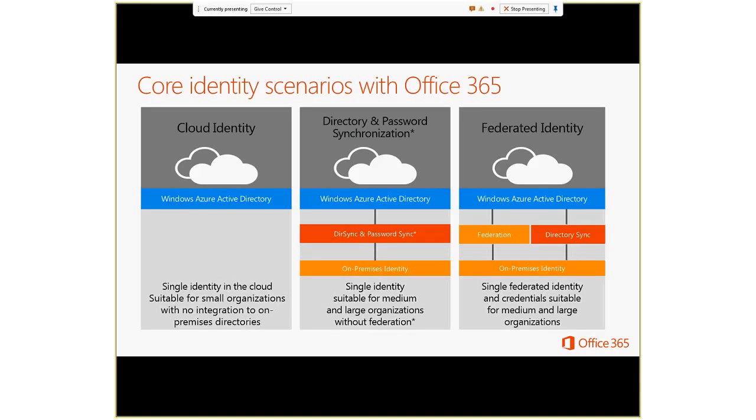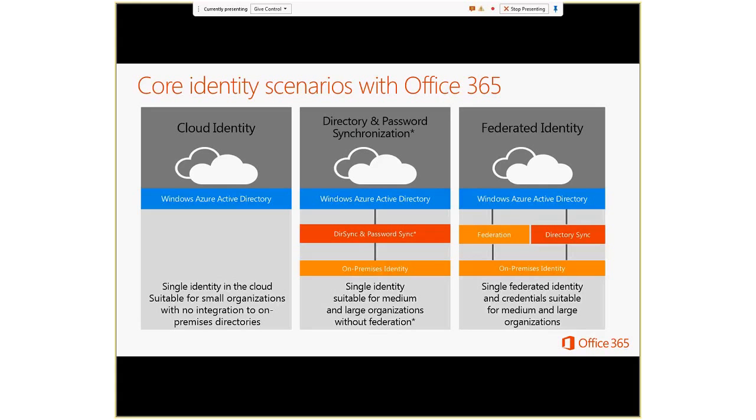We can have DirSync to synchronize the on-premises users, and DirSync has an option to synchronize a hash of the user's password to Azure AD, which means the user will be able to log in with the same username and password as on-premises, and of course we can convert that to a federated identity.